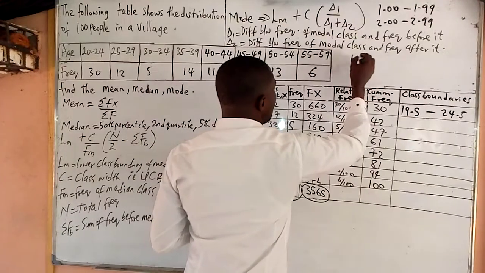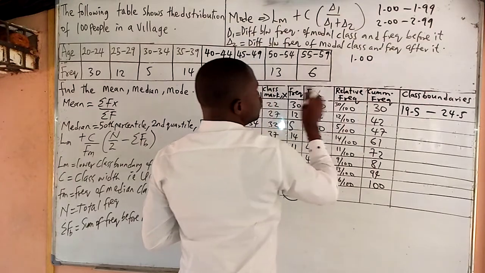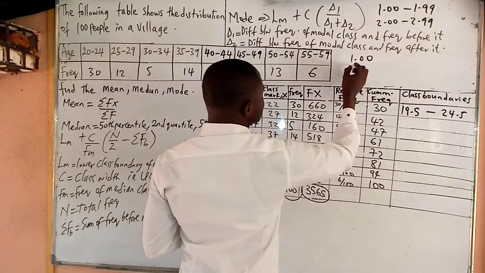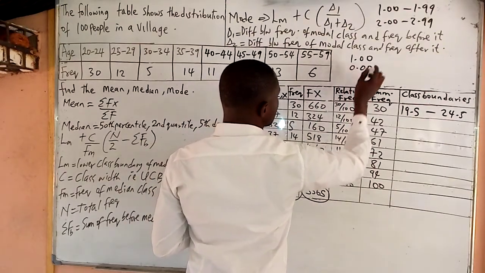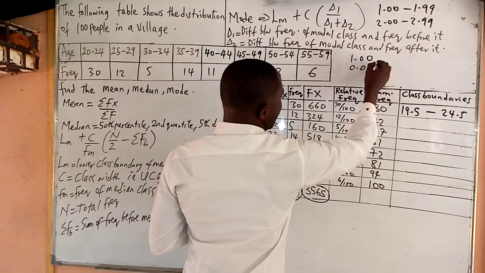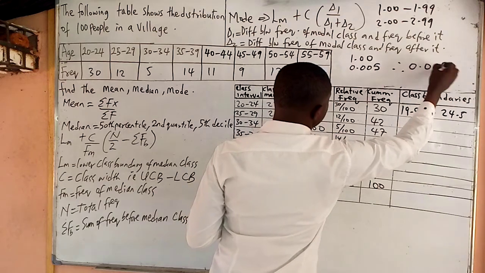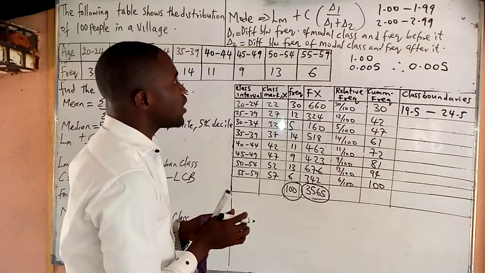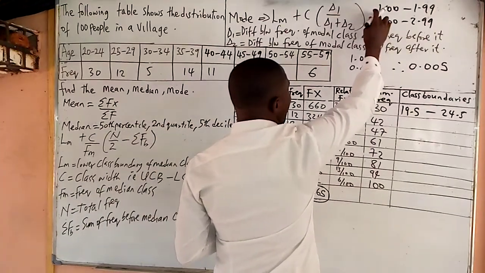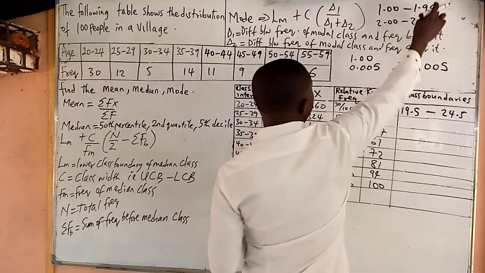You say 1.00. Use 0 to replace everything you are seeing, 0.00. No other thing you are seeing, you now put 5. Therefore, it means subtract 0.005 from 1 and add 0.005 to the upper value.